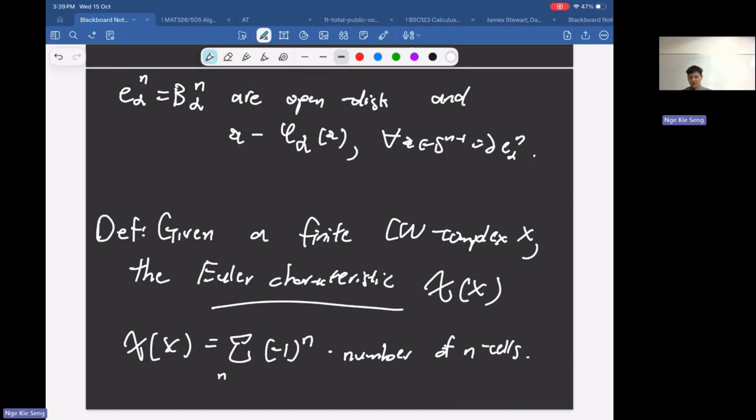If you know about graph theory, what's the formula for the Euler characteristic of a graph? It is vertices minus edges plus faces. So a vertex is a 0 cell, an edge is a 1 cell, and a face is a 2 cell. If you imagine an infinite CW complex, then this will become a series. Is it possible?